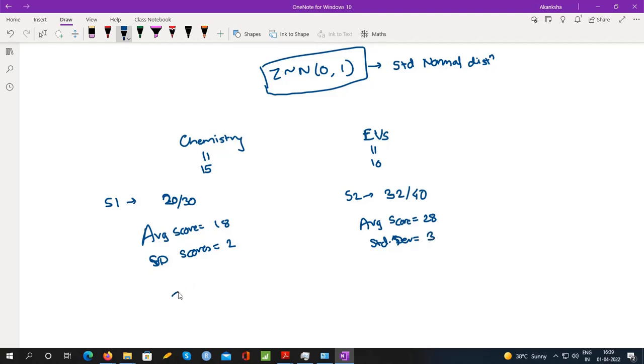Then I will compute the z score for each of these students. The z score will be the score of that student minus the mean score, divided by the standard deviation. So here, 32 is the actual score minus 28, that is the average, divided by 3.